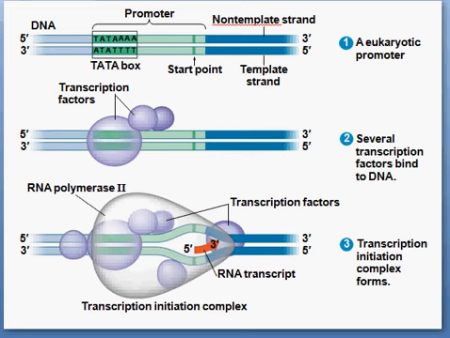So you can see in that first top picture, we have a eukaryotic promoter region that begins with the TATA box, and then we have the starting point where the RNA polymerase can actually bind, and then we have transcription factors that bind to the DNA molecule, and those transcription factors then allow for the building of this initiation complex that includes the RNA polymerase II.